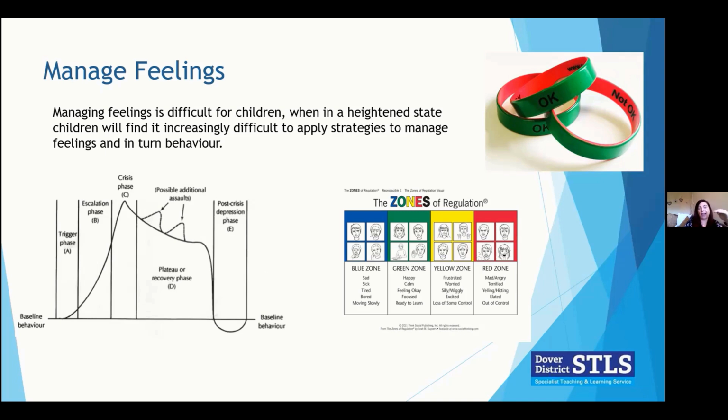As you're coming out of that crisis phase, additional assaults might happen by adults intervening too early. So what you actually want to do is give it enough time for children to be able to bring themselves down with or without your assistance. But if you intervene too early, you will re-escalate that. So it's really important to give that time to allow the children to work through that.